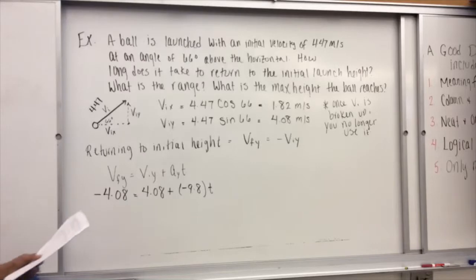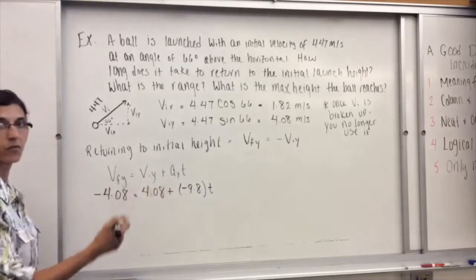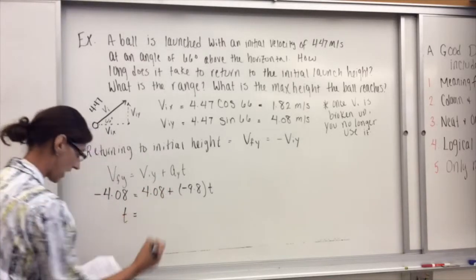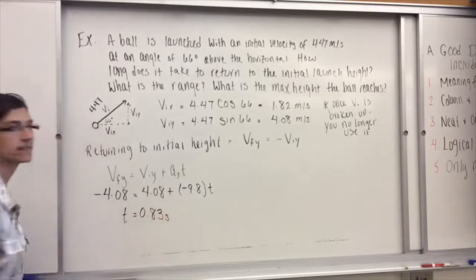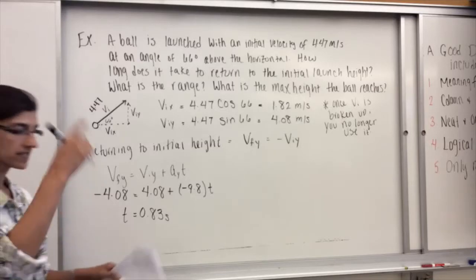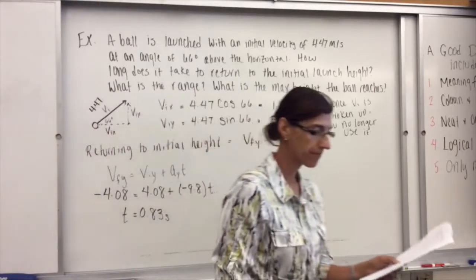Solving for time. And once you plug this in and you solve for time, you will get 0.83 seconds. That's how long it takes for it to go up and come back down.